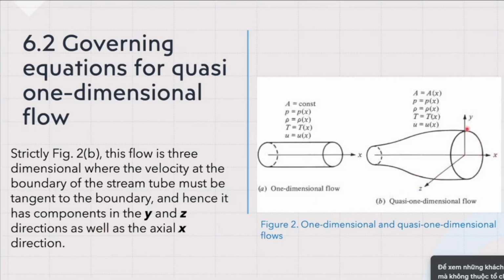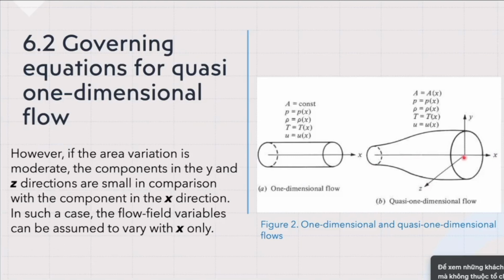So x, y, and z is actually a three-dimensional case. However, if the area variation is moderate, the components in the y and z directions are small compared to the x. There are changes, but we can consider them very small compared to the x direction.